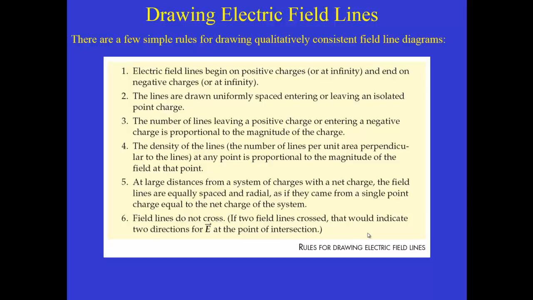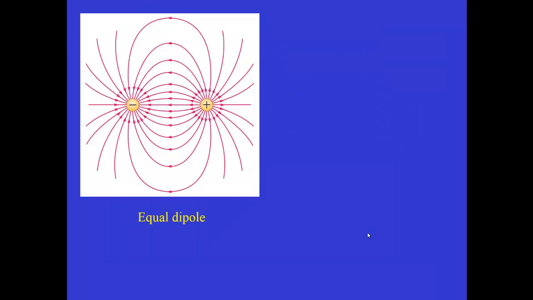Because having these electric field lines and being able to understand what they mean is helpful in looking at the properties of collections of charges. So imagine that you have a positive and negative charge that are equal in magnitude and separated by a certain distance. If I were to drop a charge down into this region between the two charges, the direction of the field line with the arrow shown is the direction in which a positive charge would feel a force.